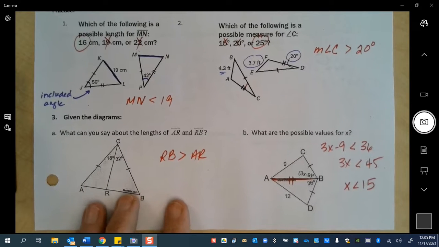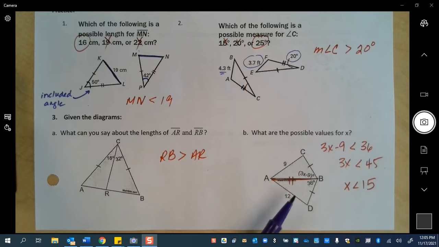What are the possible values for X? And here's a tricky diagram. You might miss that this is the shared side, so it's congruent to itself. If you're doing your little fingers, pretend your thumbs are one triangle. So this is a shared side.